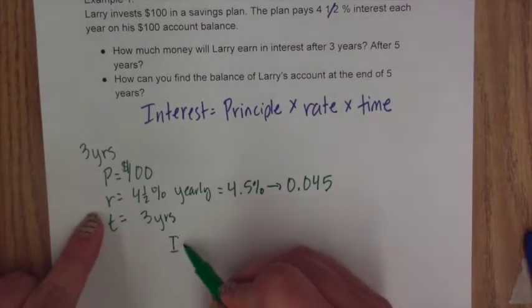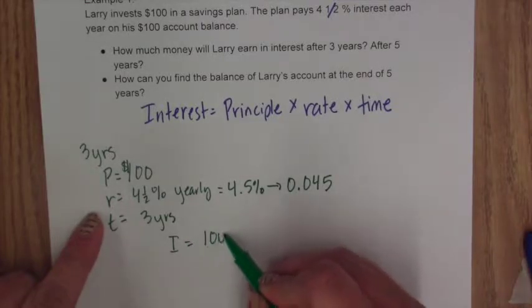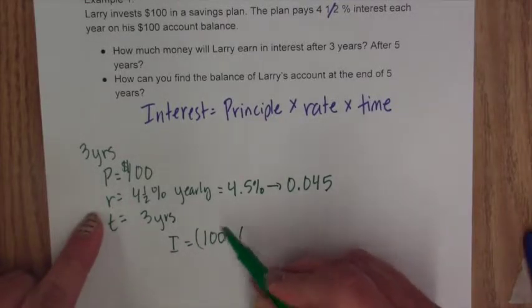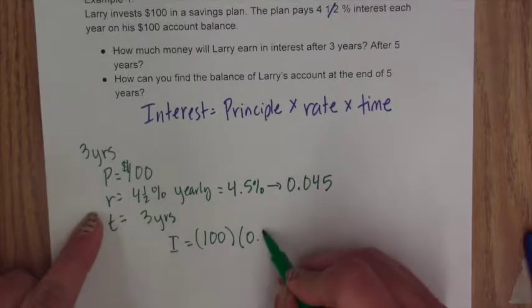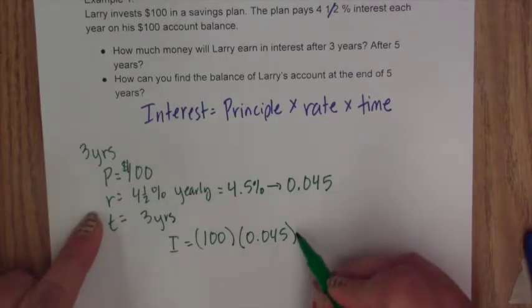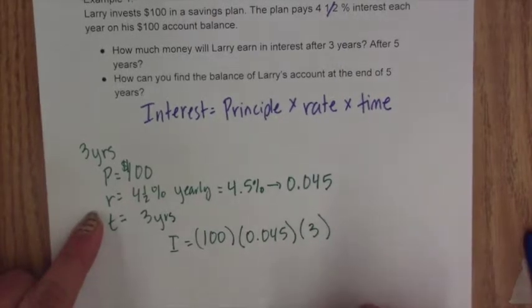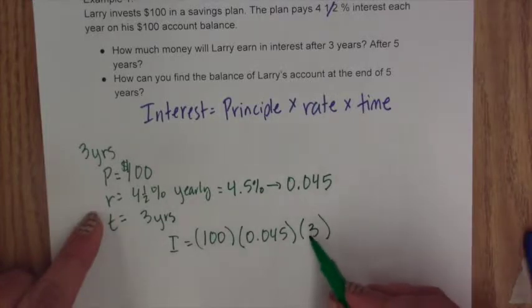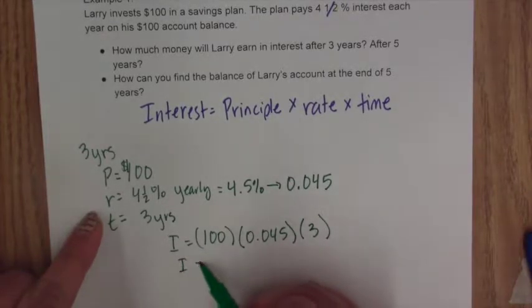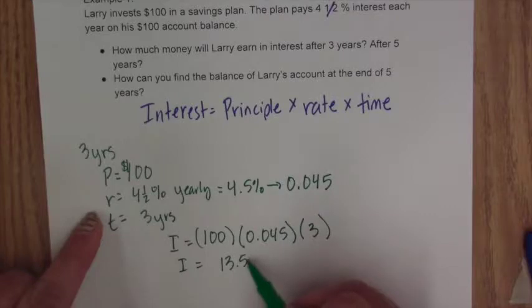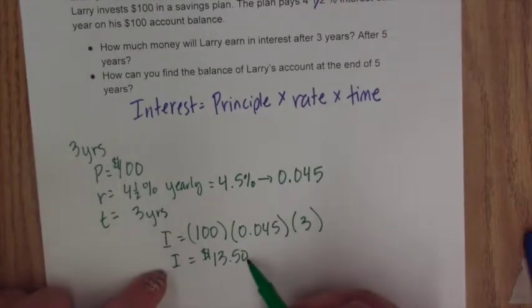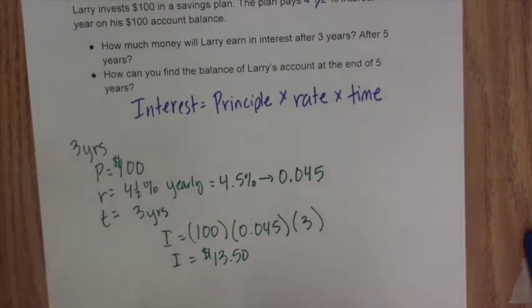So interest is the principal, $100, times our rate of 0.045 per year for a time of 3 years. And you can use a calculator to multiply that. When we do, we get $13.50 would be the amount of interest we earn.